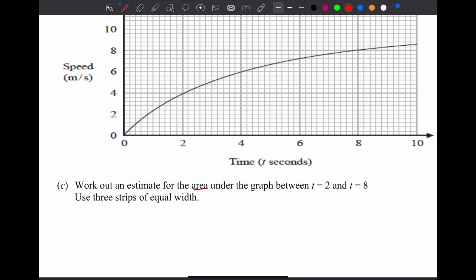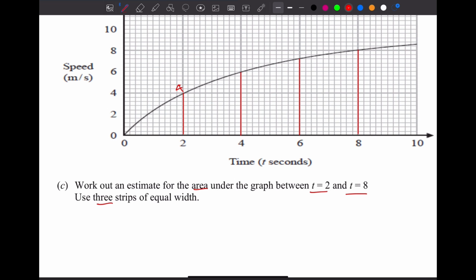We just want area. So area is distance between T2 and T8. So here and here. How many strips? 3 strips. So probably 2, 1, 2. Let's input the number. What is this? 4. If you look at it, how many does it go up in?